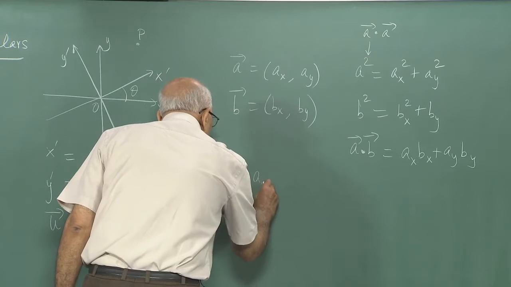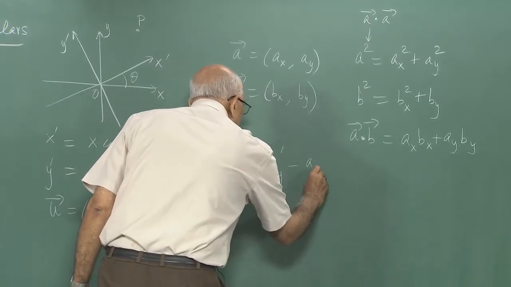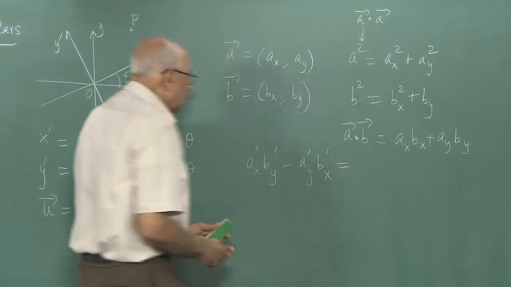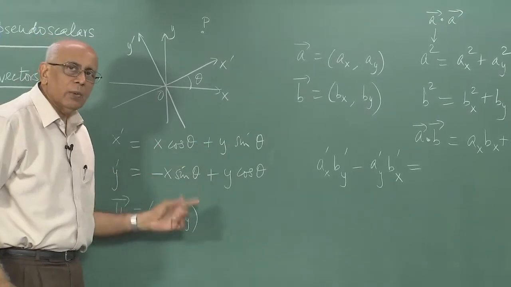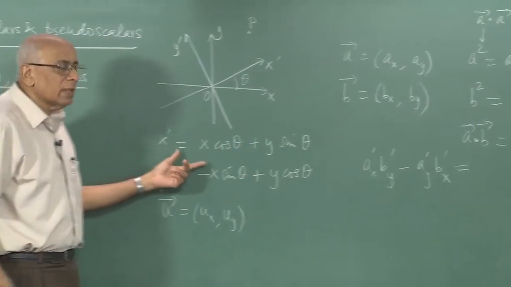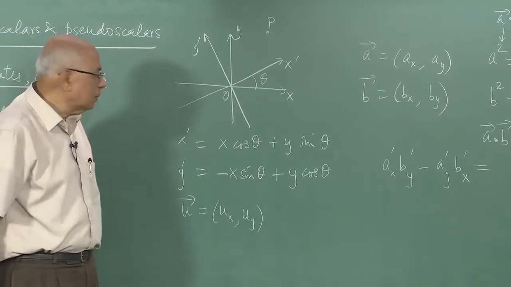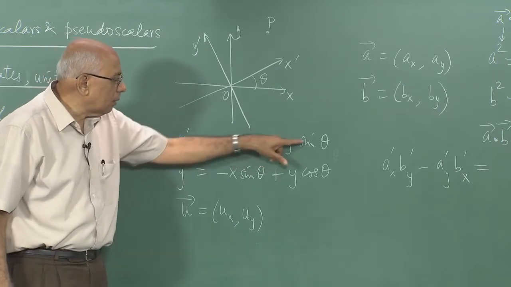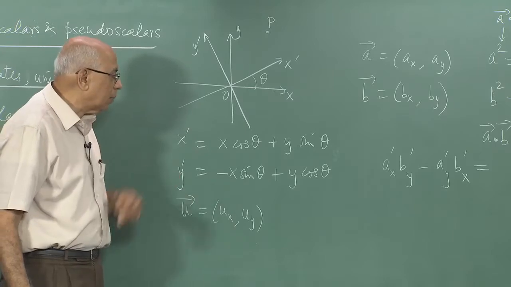So if you looked at ax prime by prime minus ay prime bx prime, substitute for ax and bx and ay and by formulas similar to this. So you have a little bit of algebra to do. You would have to write ax prime is ax cos theta plus ay sin theta, and similarly for bx prime and by prime.